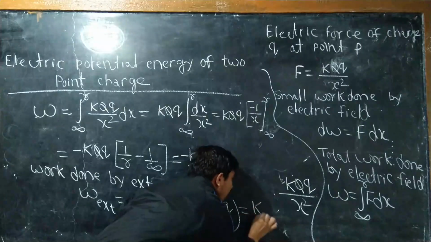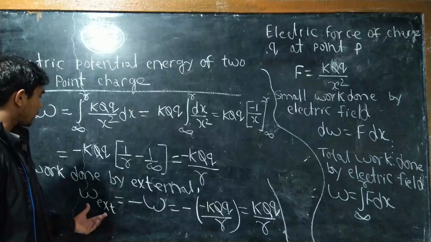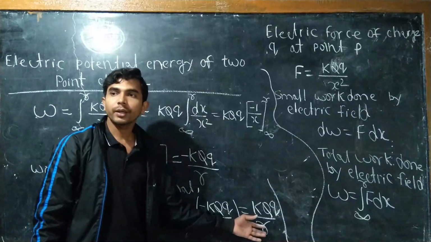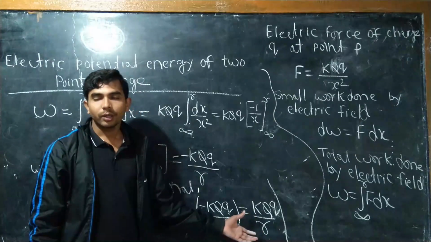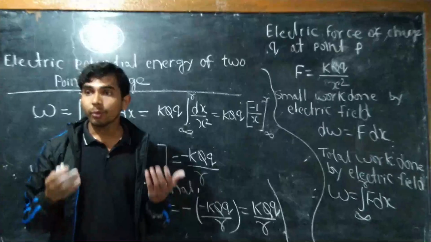So the work done by the external agent is KQ by R, and this work done by the external agent is your potential energy.